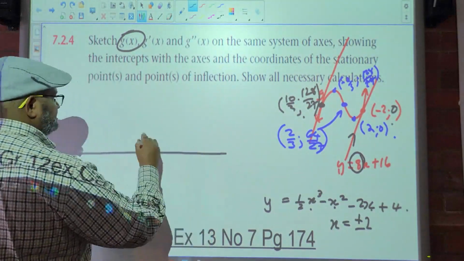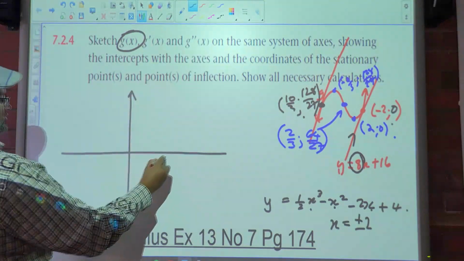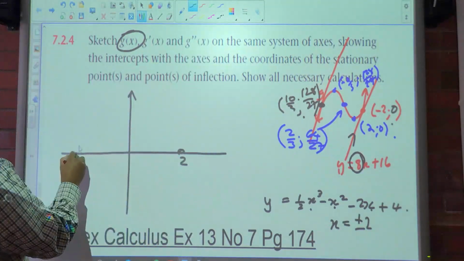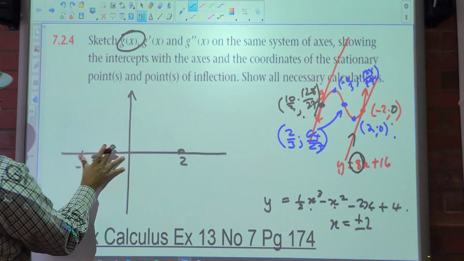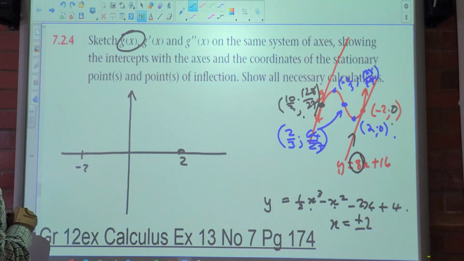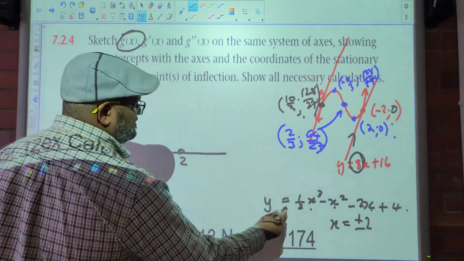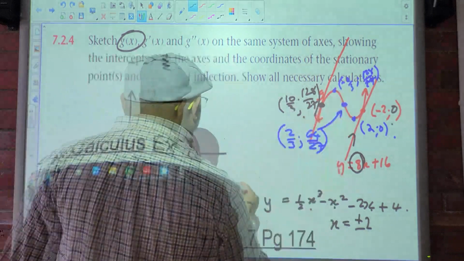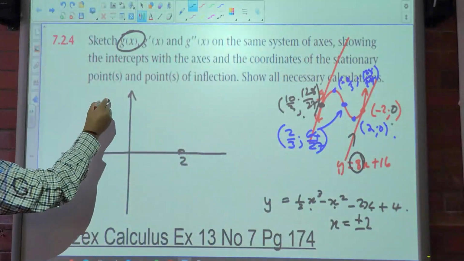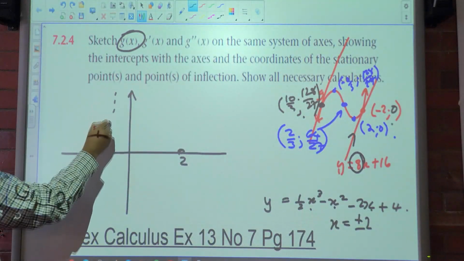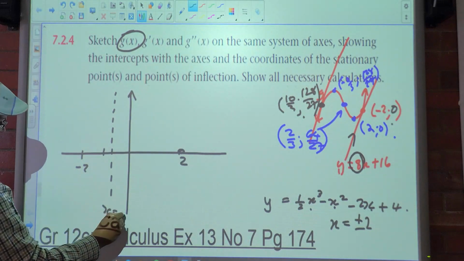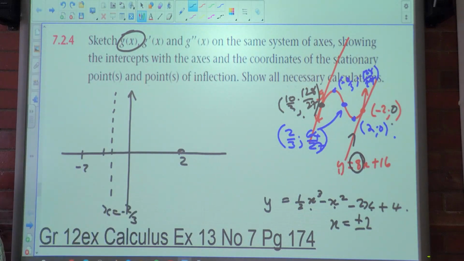So let's go. It's going to go through 2 and negative 2, about the same width here. The leading coefficient is positive, so the graph goes up and down. It turns at x equals negative 2/3, very close to minus 1, by approximation.